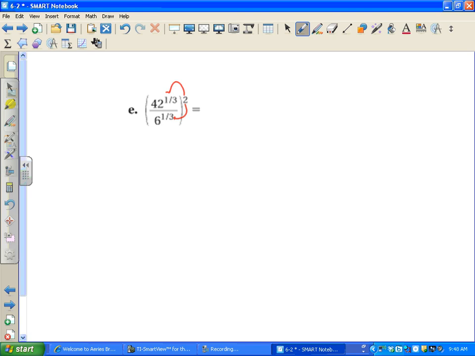So that's going to say 42 to the 1/3 times 2 over 1 divided by 6 to the 1/3 times 2 over 1. Next thing I'm going to do, simplify those out. That is going to be 42 to the 2/3 over 6 to the 2/3.